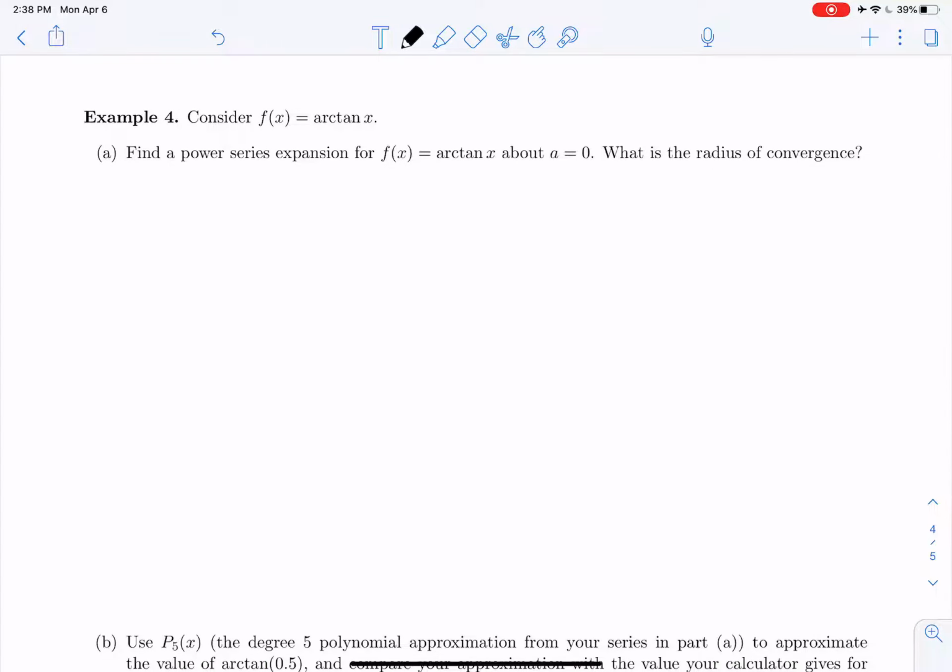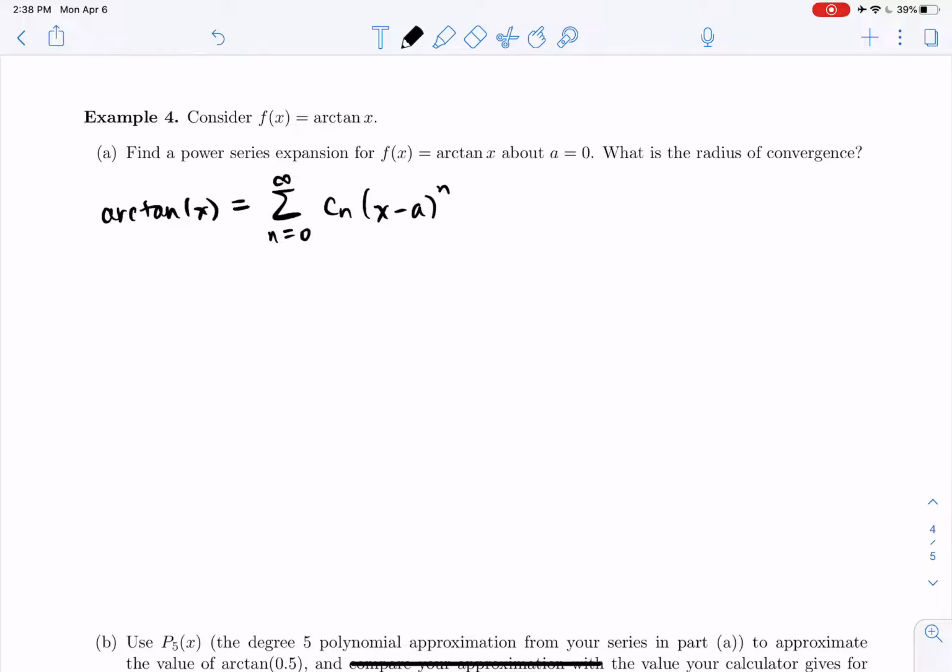But again, we're building a sequence of polynomials that get closer and closer and closer to approximating arctangent. And here's the thing, arctan of x, we will be able to explicitly build its power series expansion in 11.10. But right now, we don't have those tools.